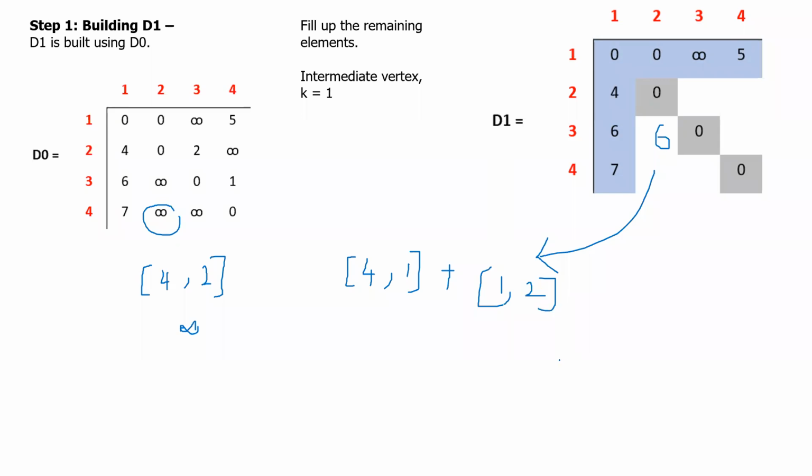So for that, I'm going to find out these values. Current distance between 4 and 1, which is 7. And what is the current distance between 1 and 2? It is 0. So that is 7 plus 0. Between these two values, the current distance and the new distance via node 1, whichever is minimum, that I'm going to fill it up here.